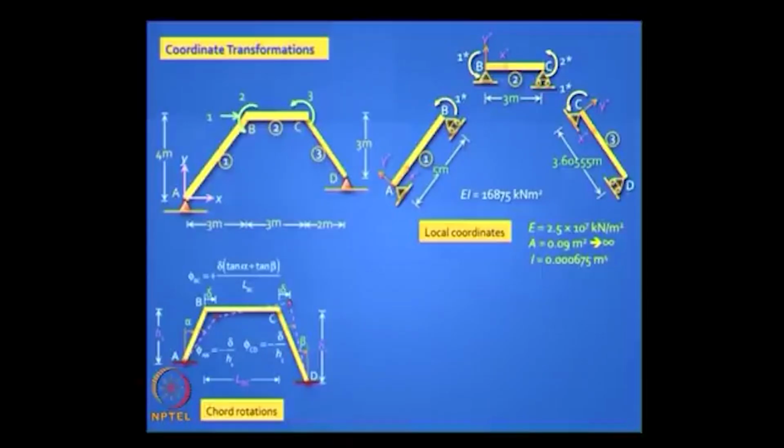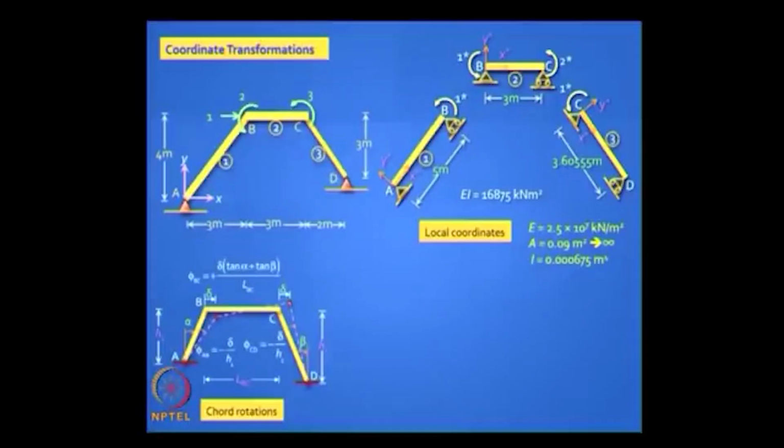So you have chord rotations of delta by the height for the elements 1 and 3, right? And for the element 2 you have to work this out using trigonometry. It turns out to be, as shown in that formula, delta times tan alpha plus tan beta by the span L. I am not going through this all over again because we did exactly this when we did the slope deflection method, right?